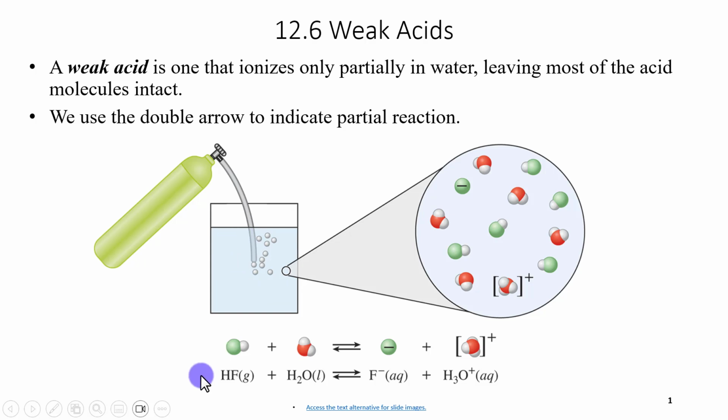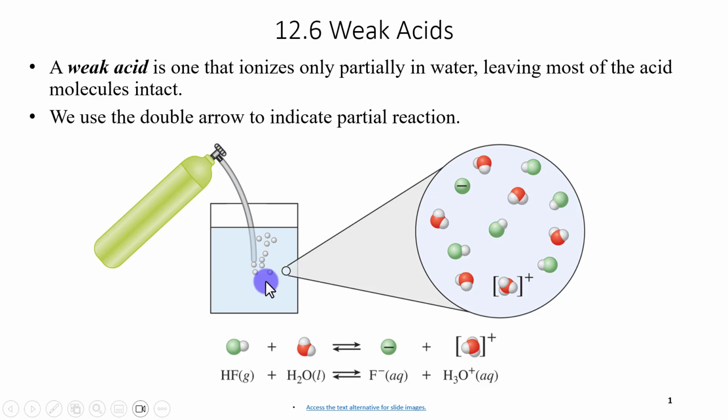So if we took a look at this reaction here, we have hydrofluoric acid put in water. We will have a little bit of ionization where the HF gives that proton to the water and it leaves behind the fluoride anion. So we have F minus and H3O plus.